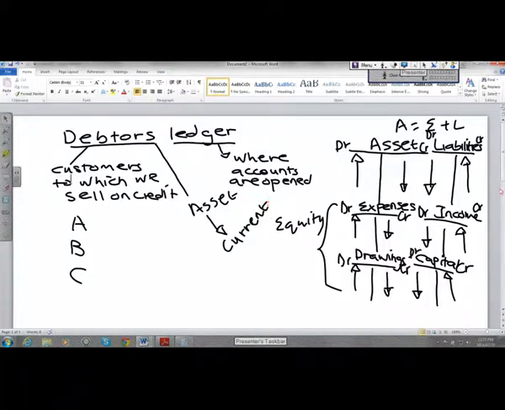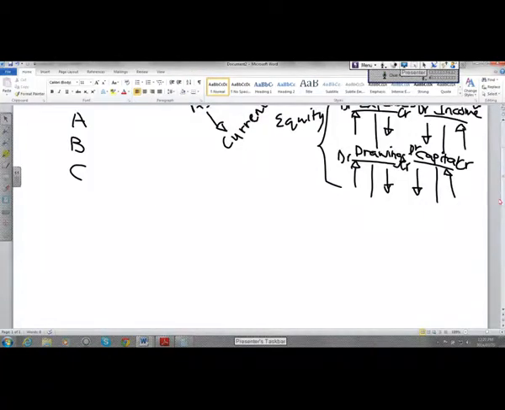Let's just put this in perspective. Let's say we have our debtor here. We remember that a debtor is an asset. So we'll have a debit and the credit side. So this is a debtor.